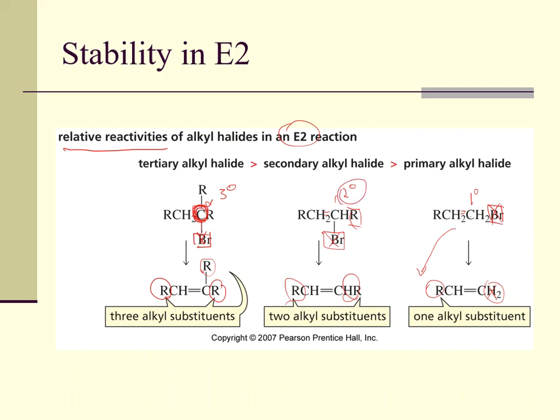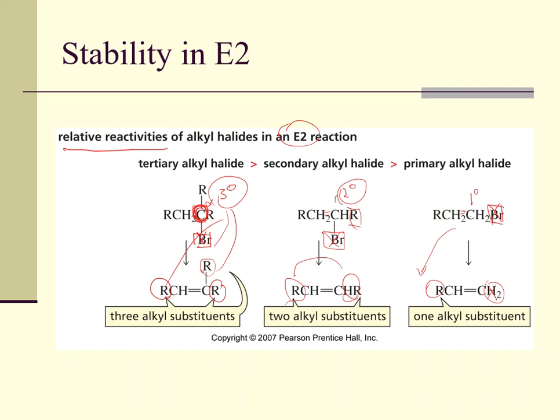A secondary alkyl halide gives me secondary substituents, 2. And a tertiary alkyl halide ends up giving me 3 alkyl substituents, which is the most stable out of the bunch. So in E2, tertiaries react faster than secondaries, which react faster than primaries.